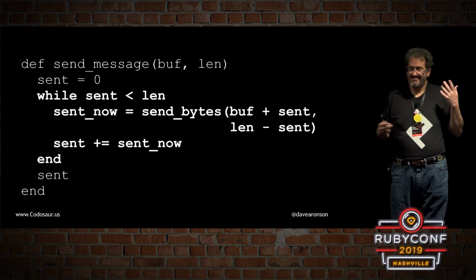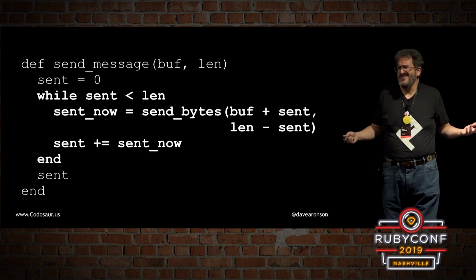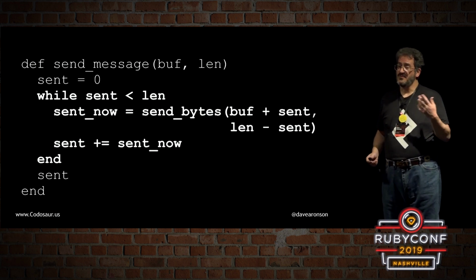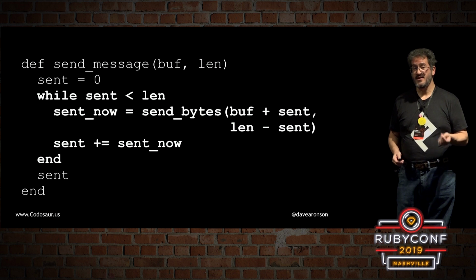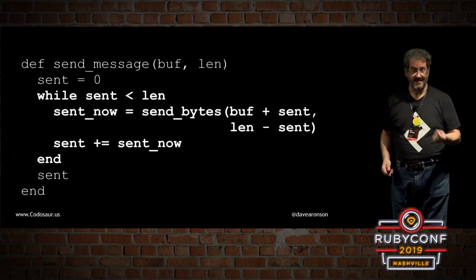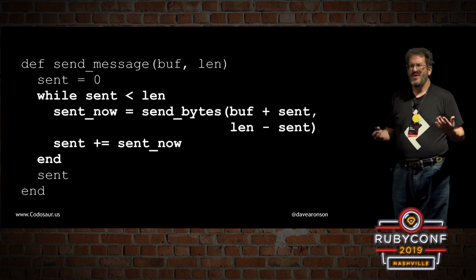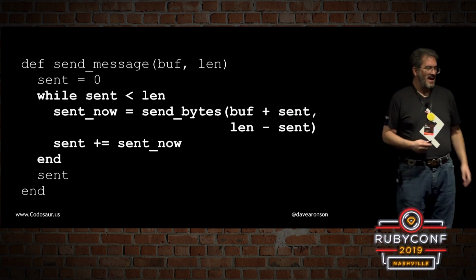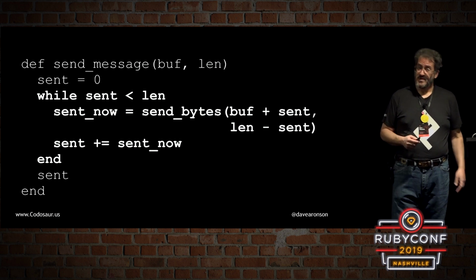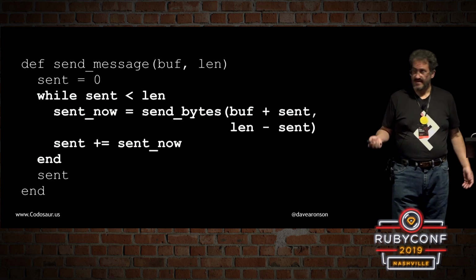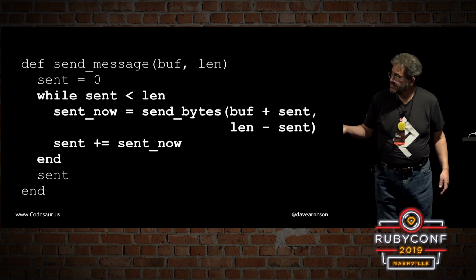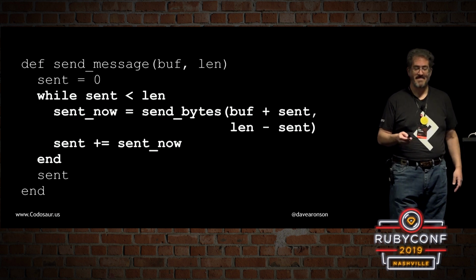The question then is, okay, what does that mean? And you'll find that interpreting what mutants are trying to tell you involves a lot of asking yourself over and over, recursively, what does that mean? In this case, it means we're not testing sending a message bigger than what sendBytes can handle in one chunk.